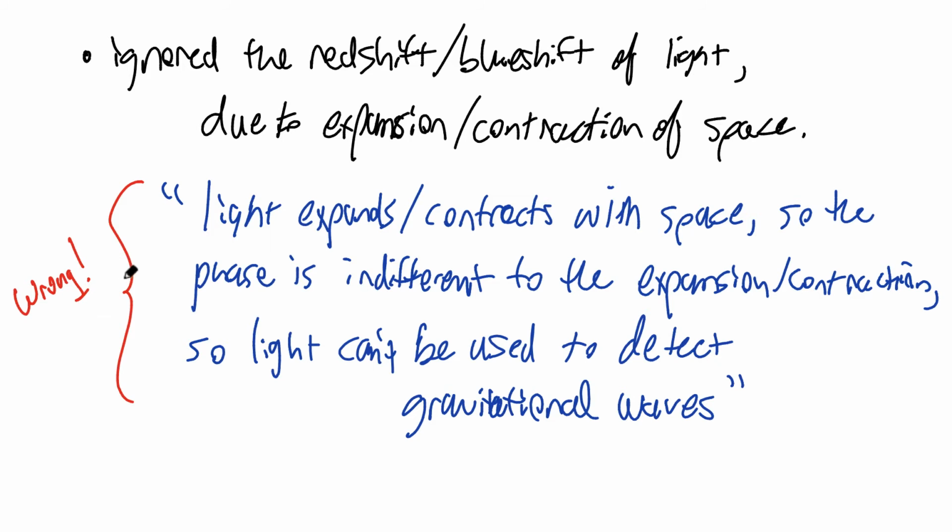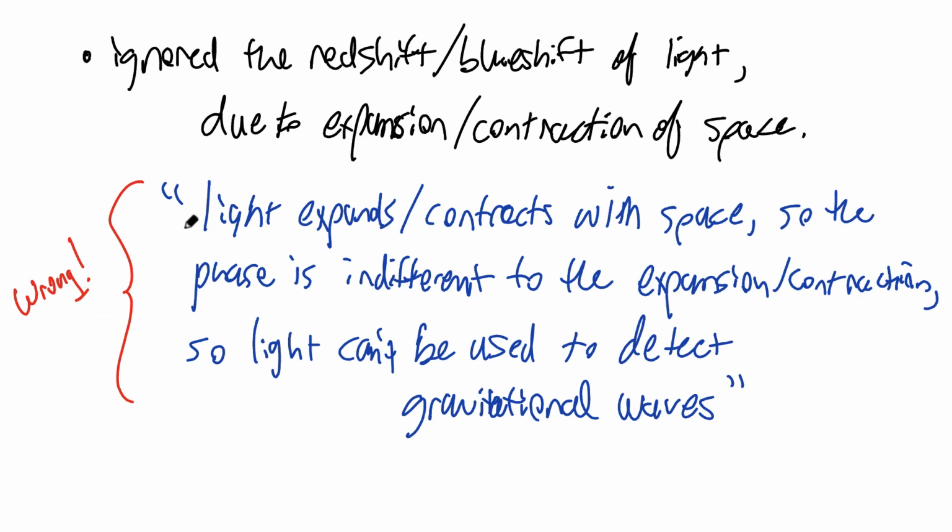On the other hand, the phase difference, delta phi, depends on the actual amount of expansion or contraction. For example, consider a kind of step function gravitational wave that produces a permanent change in the arm lengths. Now send light through the interferometer. Because space is no longer expanding or contracting, the light is not redshifted or blueshifted. Its wavelength is unchanged as it passes through the interferometer.